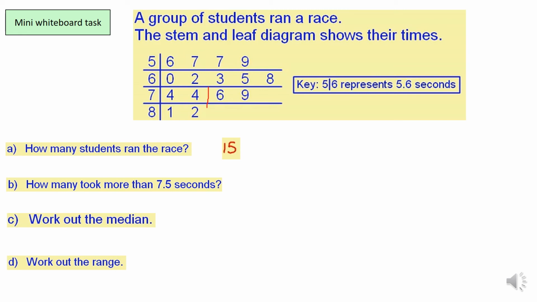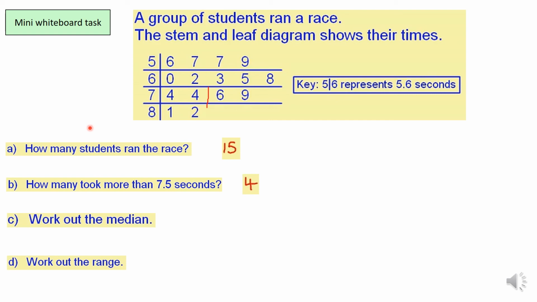This side of my boundary is less than 7.5, and this side is more than 7.5. So that one is more than 7.5. 1, 2, and then I have 8 point something and another 8 point something. So I have 1, 2, 3, 4. So altogether, I have 4 people who did more than 7.5.